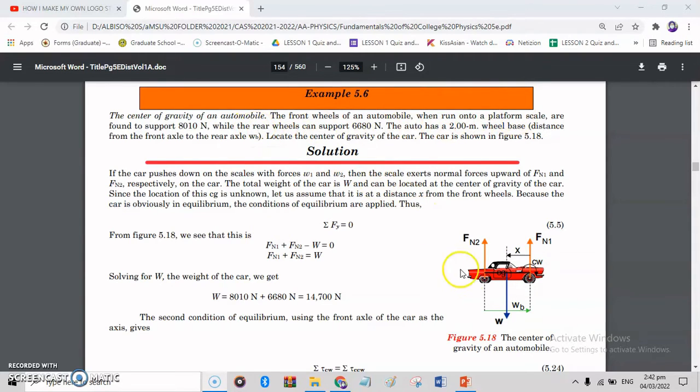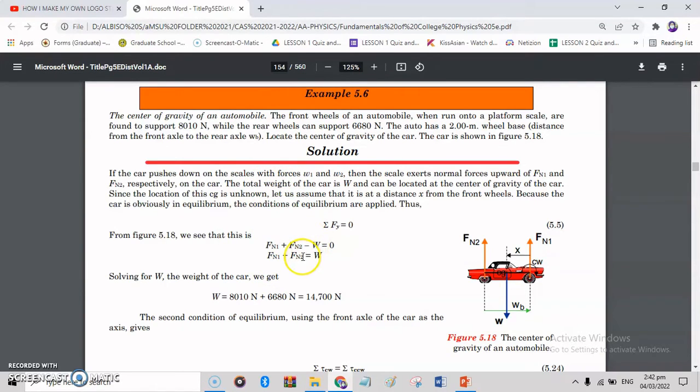Okay, rear. So, sa likod is meron tayong 6,680. So, from this situation, summation of all forces along the y, Fn2 plus Fn1 minus W equals 0. Okay?